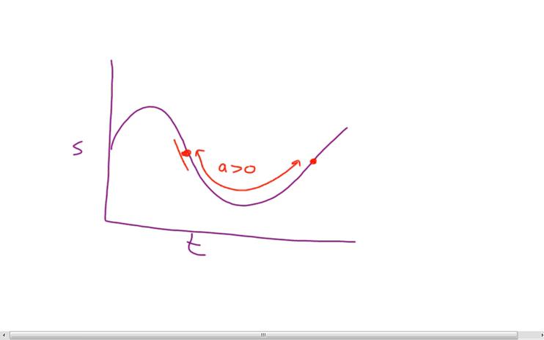What does the slope of a position time graph represent? Instantaneous velocity. My velocity at this point is pretty negative, and then here it's 0. All the way here, my slopes are becoming more and more positive. They're increasing, and when our slopes, or velocities, are increasing, that is positive acceleration.